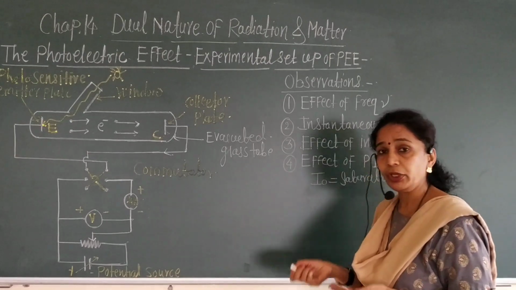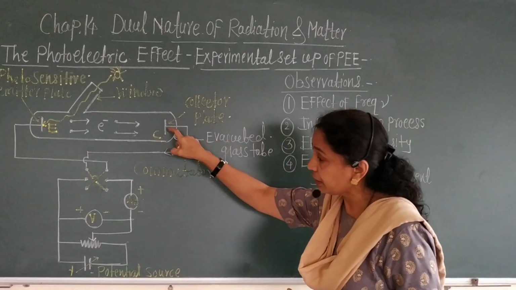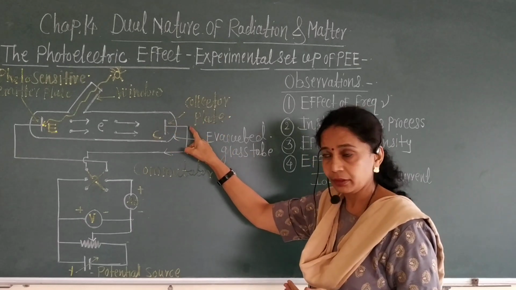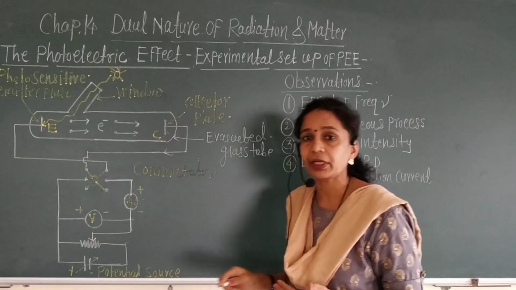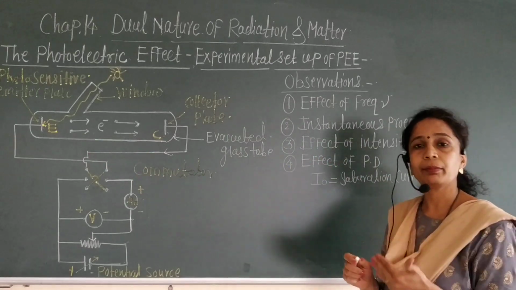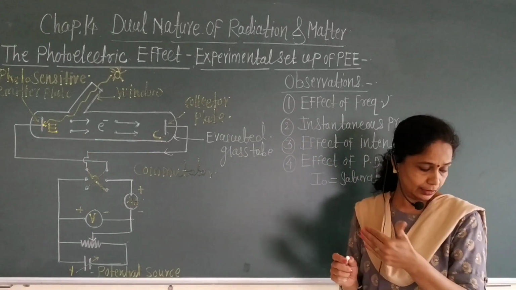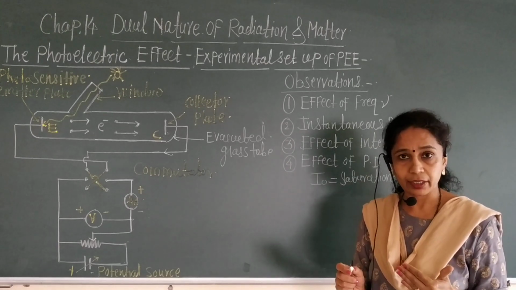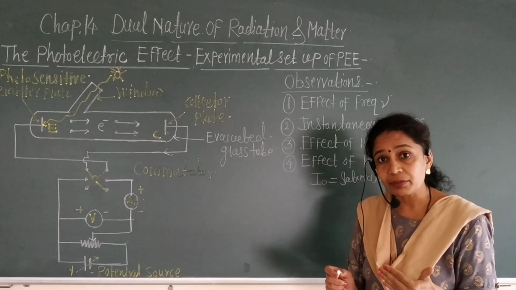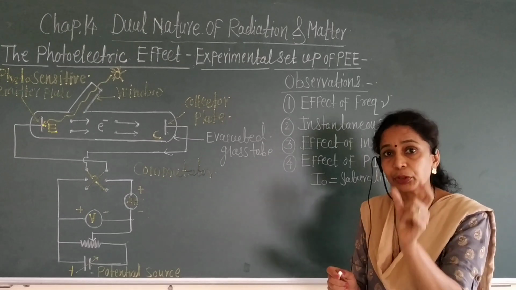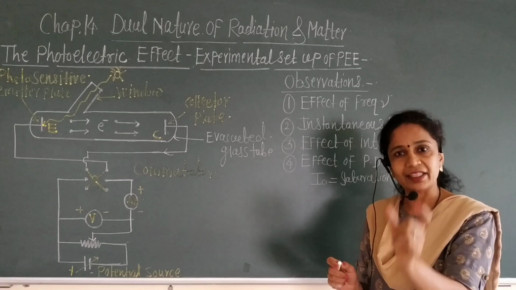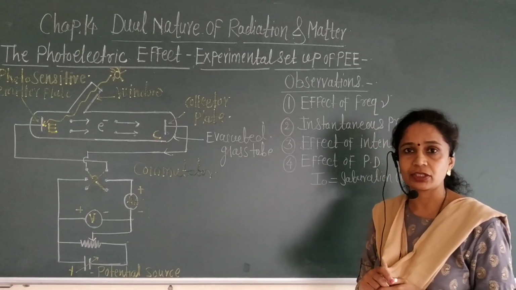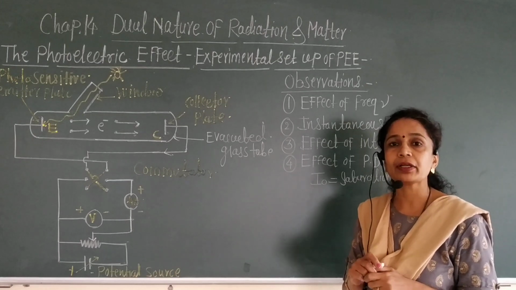Now, if we apply an increasing negative potential to the collector plate with respect to the emitter plate, the photoelectric current decreases. Then it becomes zero at a particular potential, and that potential is called the cutoff potential or stopping potential.